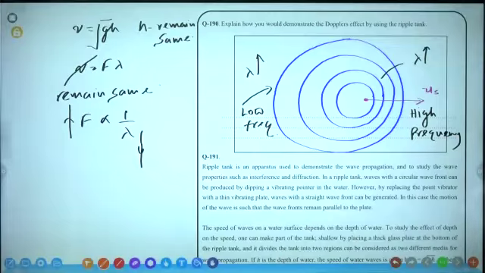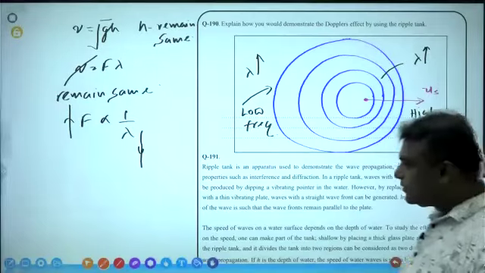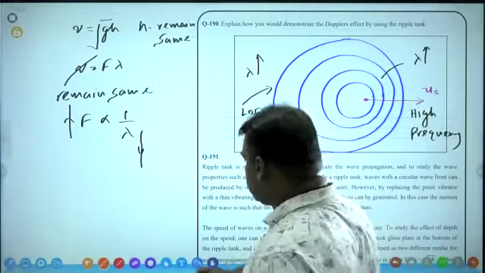Wavefronts are closing. Then wavelength decreases.